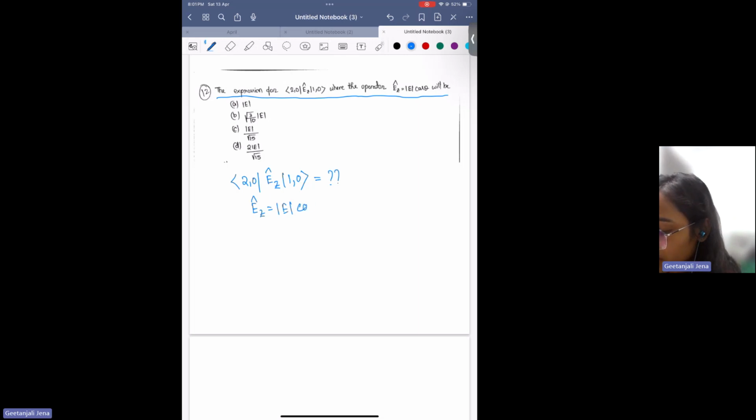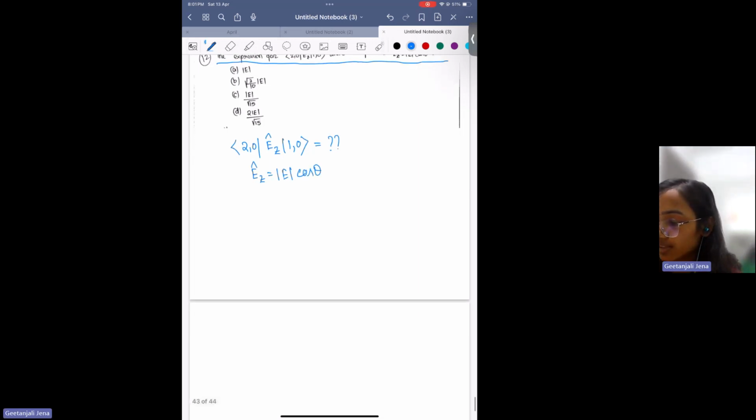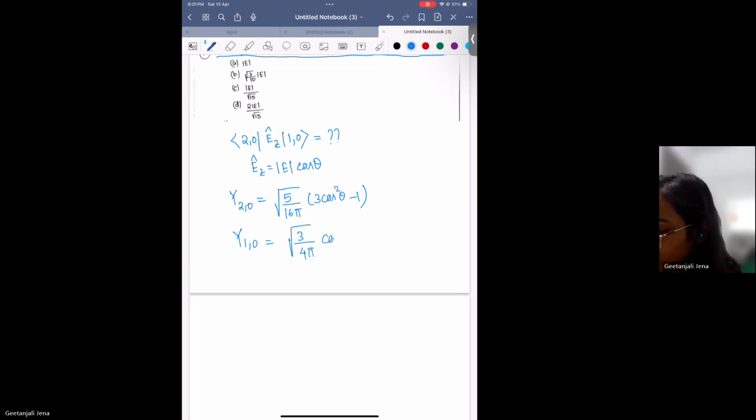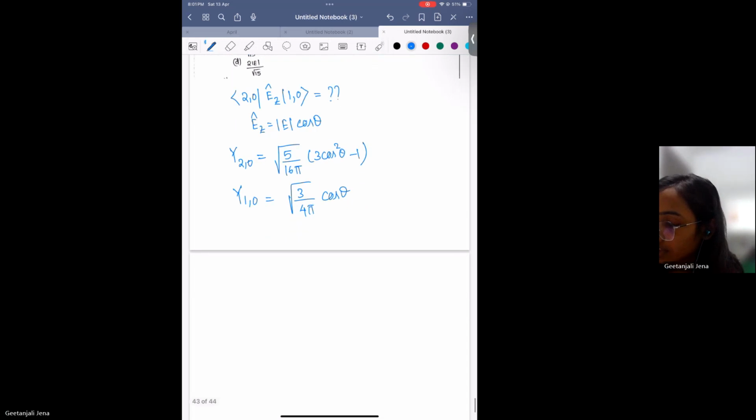This is simple. You just have to use the expression for spherical harmonics: for 20 it is root over 5 by 16 pi times 3 cos squared theta minus 1, and for 10 it is root over 3 by 4 pi cos theta, and given Ez equal to mod E cos theta.